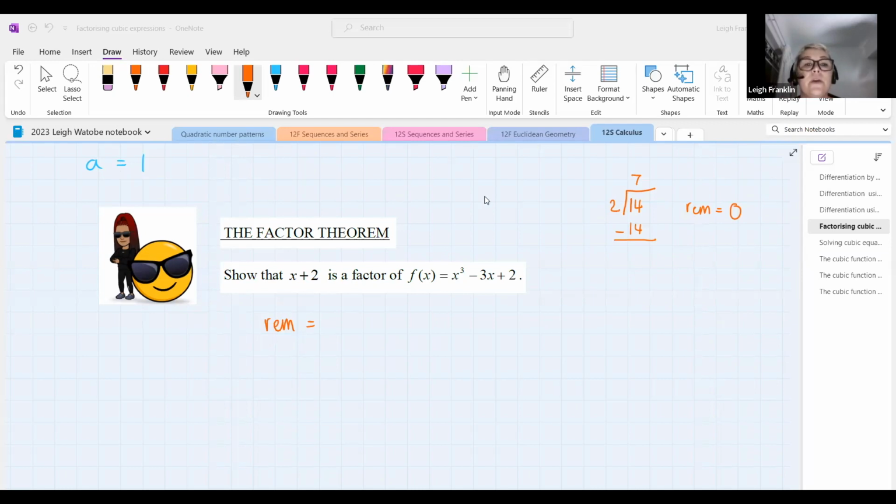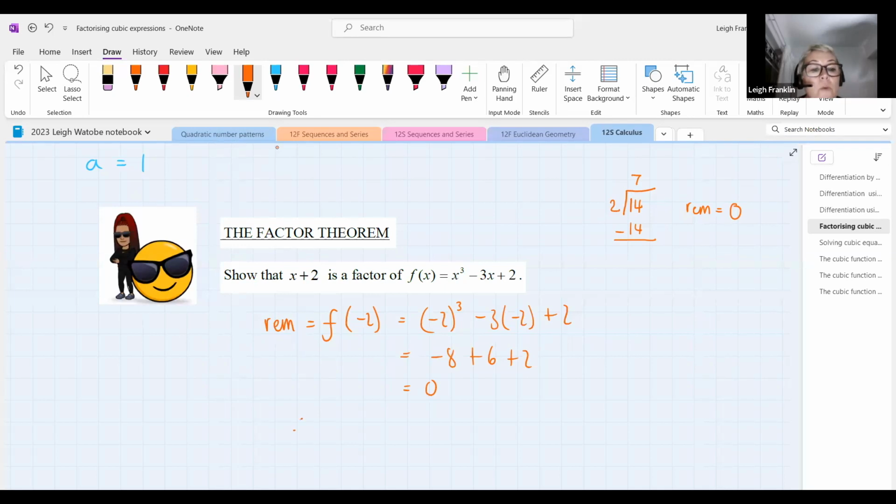All right, so Keithlin, Eve, P, Wayne, Lady. Cool. So our remainder is 0 in this case. Well, that's what we're expecting to get. So now we're going to sub in -2. And look at what happens. We're going to sub -2 in here. And we end up with -8 plus 6 plus 2, and see, we do get 0 as an answer.